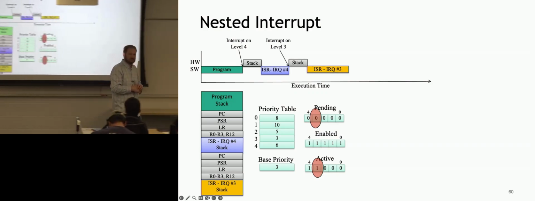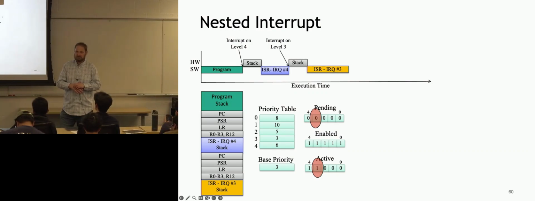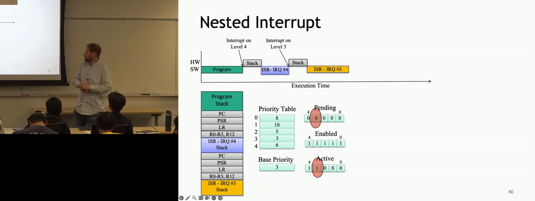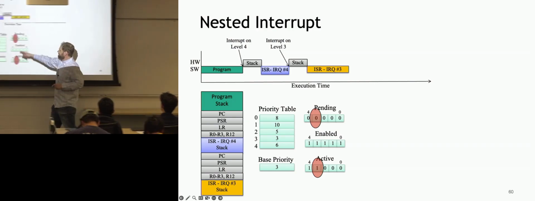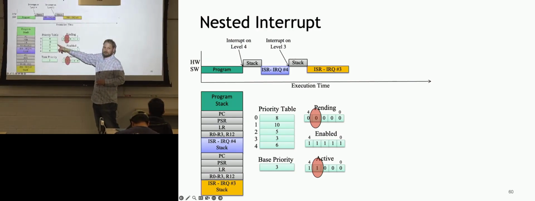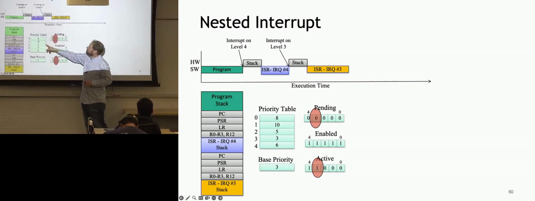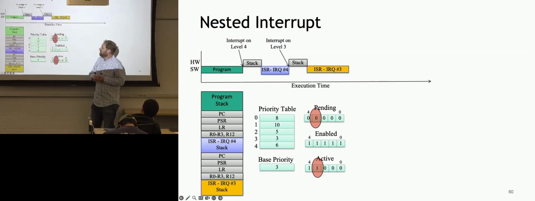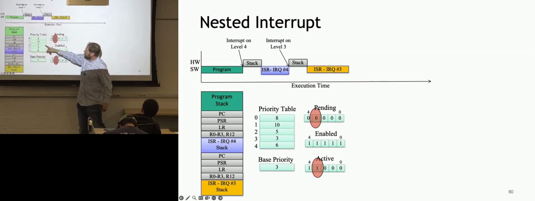I'm not 100% sure I understood what you were just saying. So let's say you had IRQ 2, which has a priority of 5. Were you saying that after you were done with IRQ 4, it would tail chain to that? Correct. But IRQ 4 has a priority of 6. Okay, sorry, that's probably where I got confused.